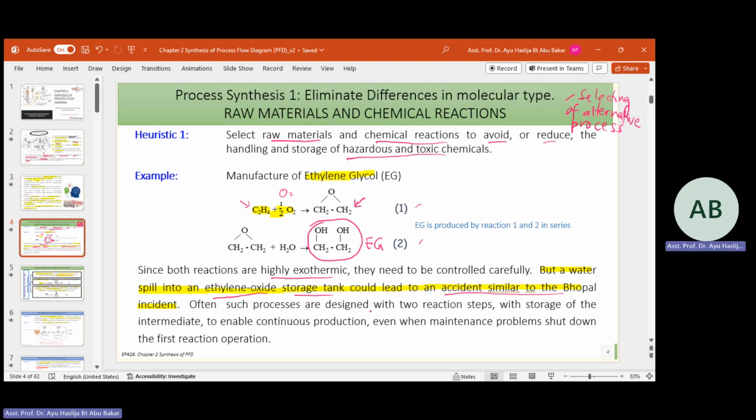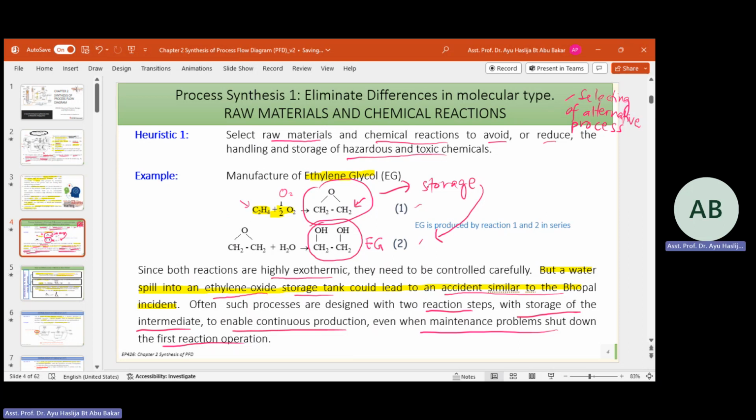So often the process is designed with two reaction steps with storage of the intermediate. The first reaction has ethylene oxide as the intermediate. This goes to storage to enable continuous production, even when maintenance problems shut down the first reaction operation. So this ethylene oxide must go into storage first before it proceeds to reaction 2.